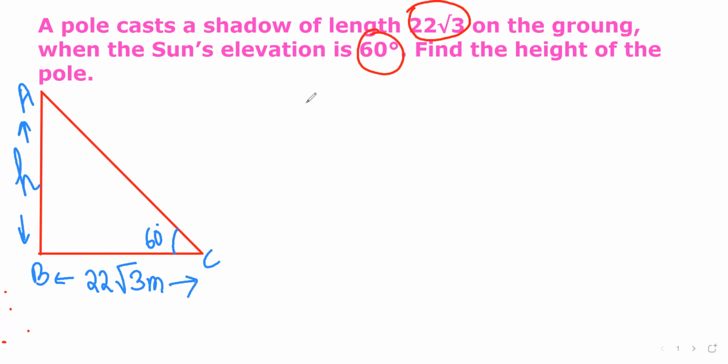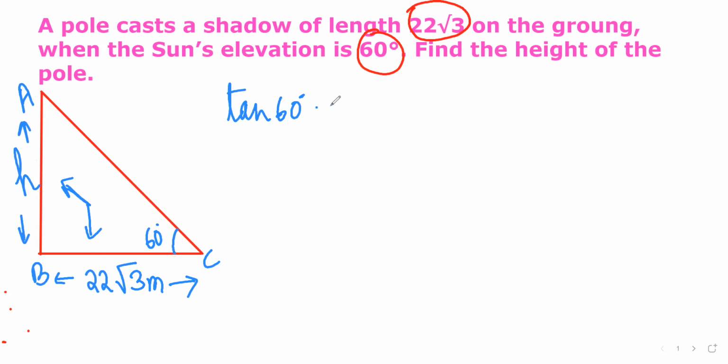Now what we have to do here is find the height. So try to understand: here they have given the base, and we need the opposite, and the angle is given. So tan theta equals opposite divided by base.